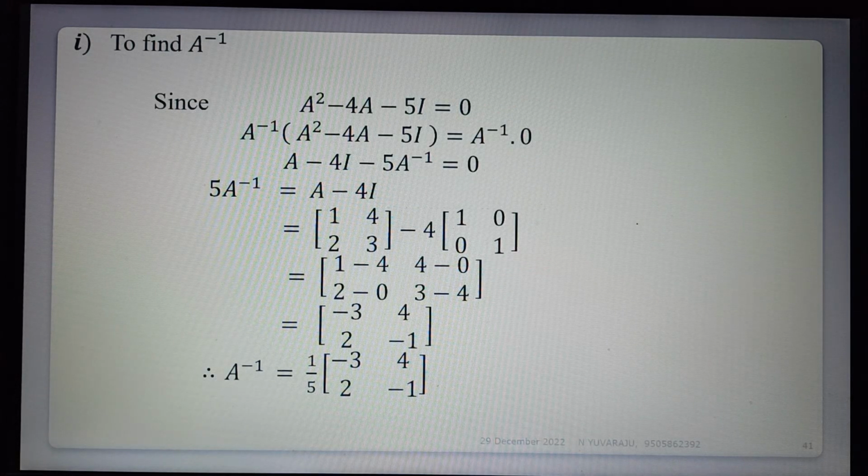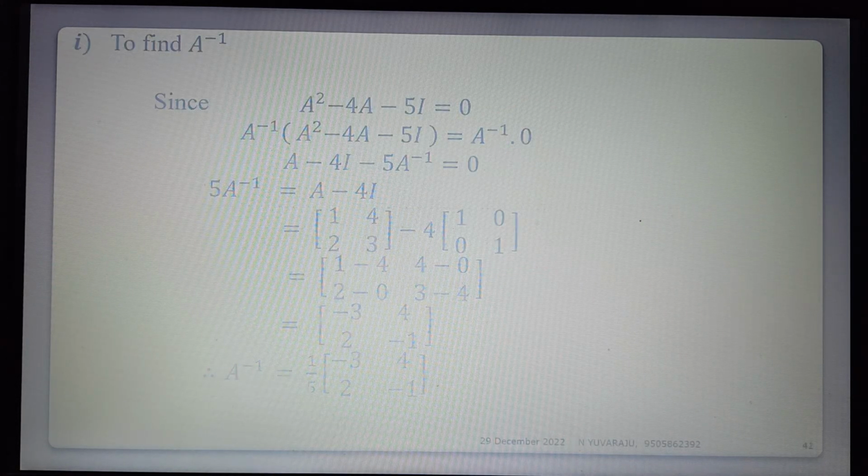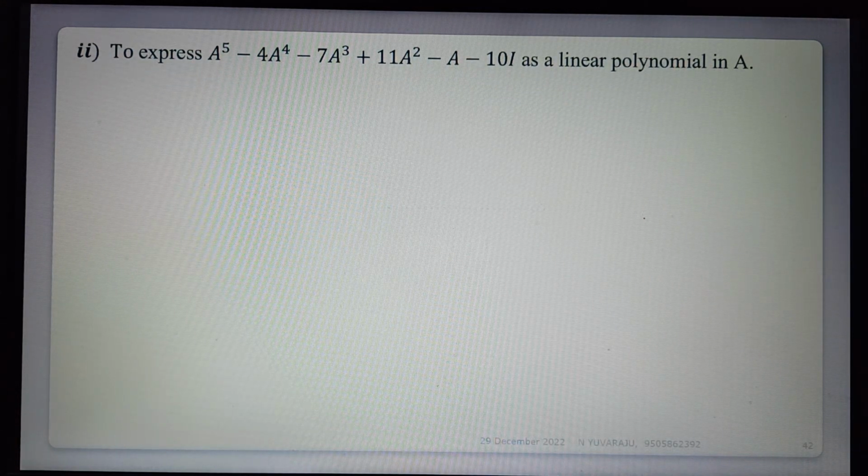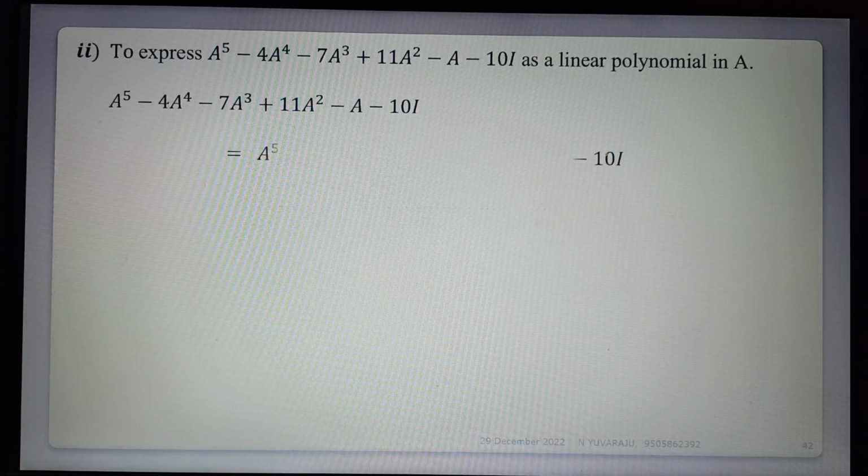So next one, to express a power 5 minus 4 into a power 4 minus 7 into a cube plus 11a square minus a minus 10i as a linear polynomial in A. By using this simplification, this fifth degree polynomial is converted to a first degree polynomial by using Cayley-Hamilton theorem. The given polynomial can be written as a power 5 minus 4 into a power 4 minus 7a cube, then minus 5a cube minus 2a cube separated.